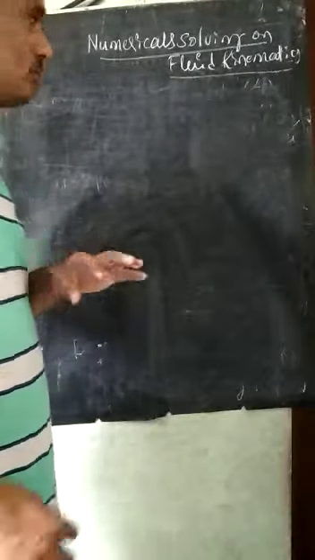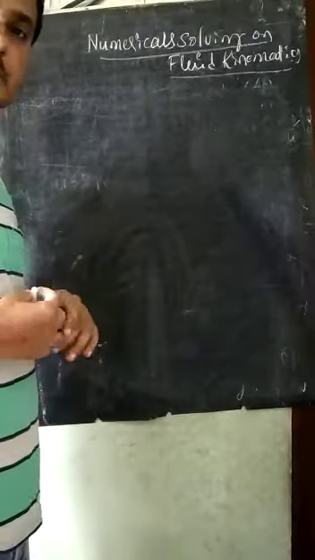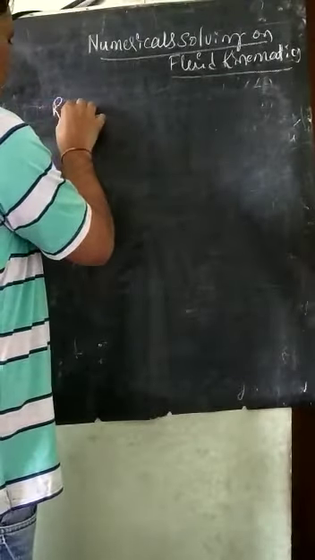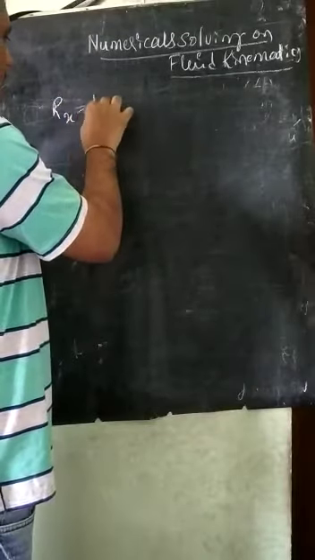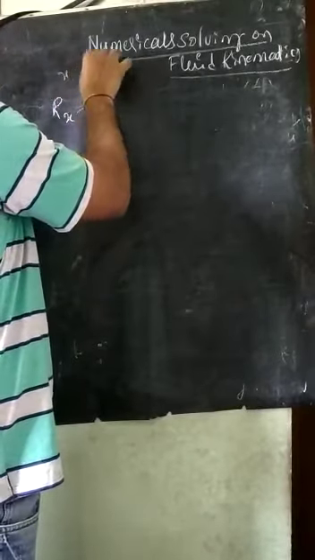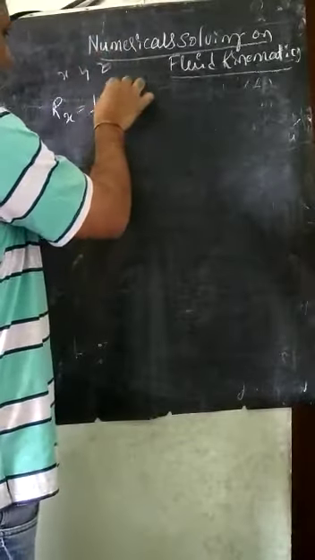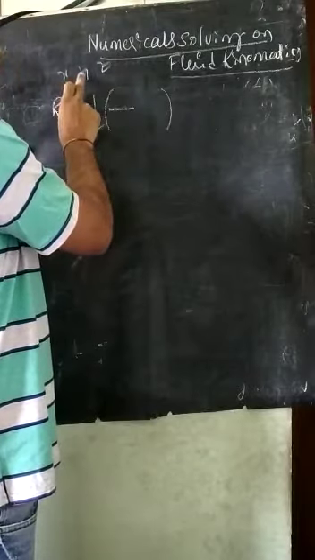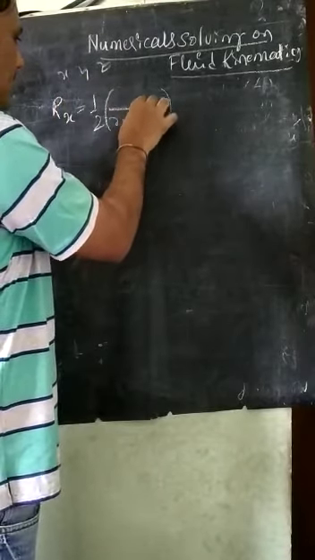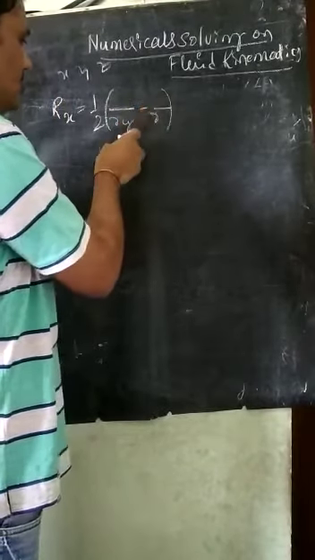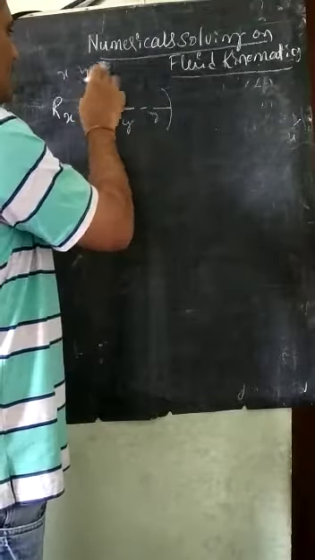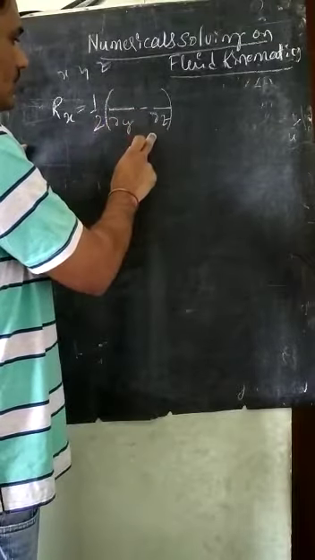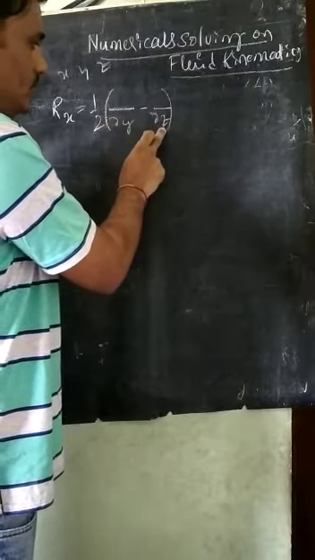As we know, how do we write the rotational components along the x, y, z directions? The rotation component along the x direction is rx equal to half in the bracket, dou w divided by dou y minus dou v divided by dou z. After x, y and z come; in the cross way we write the velocity with respect to that direction.